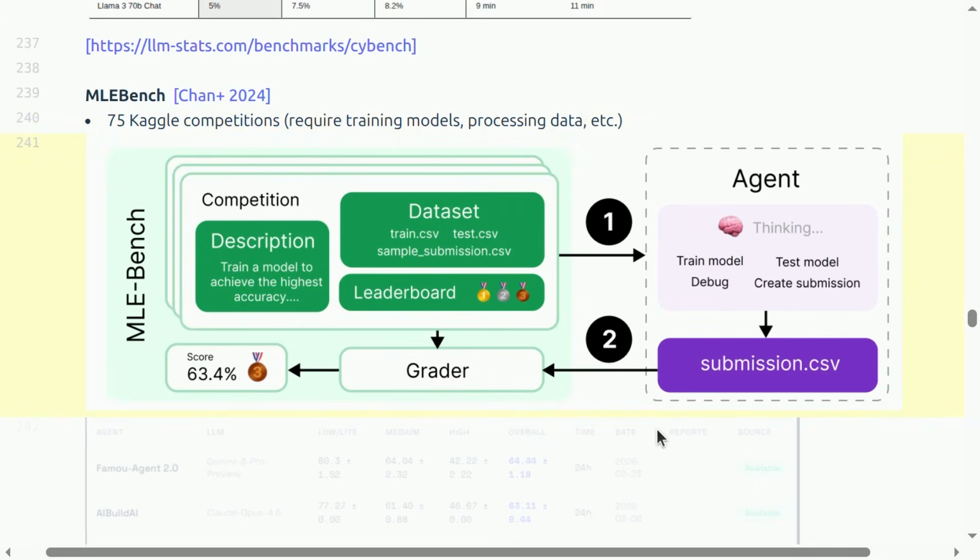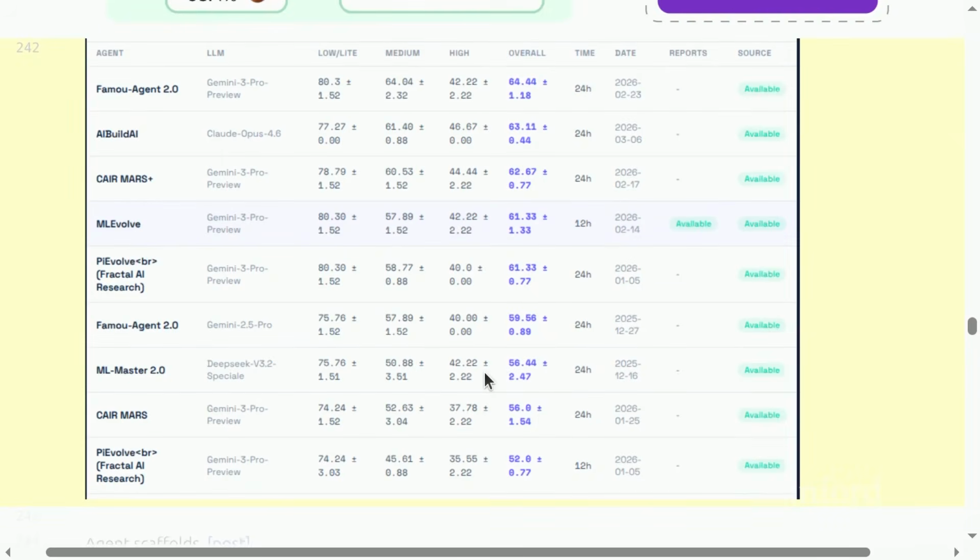The agent can look at the data set, read the description, write code, train models, and you eventually submit something and you get a grade. This is what the leaderboard looks like right now. And again, you can see that it's really the same usual suspects on the LM side, but there's quite a bit of variation in terms of the different agent scaffolds.